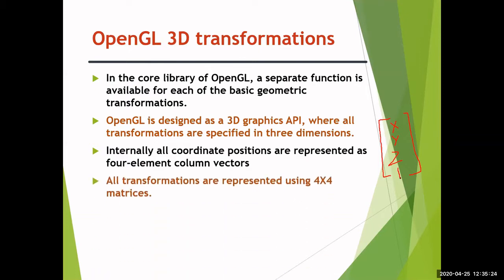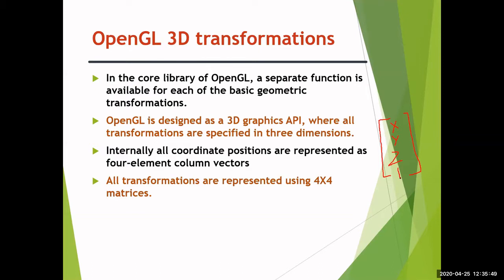All transformations are represented using 4x4 matrices. 3x3 is for 2D, but as we are not implementing 2D concepts with respect to transformations, there is only one matrix, the 4x4. We don't have 3x3; it's only theoretical.